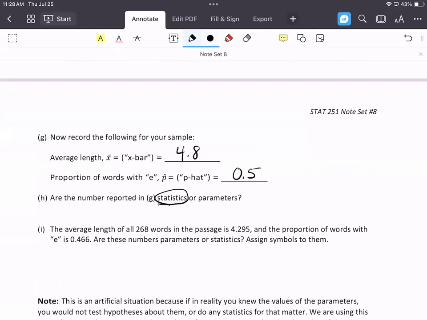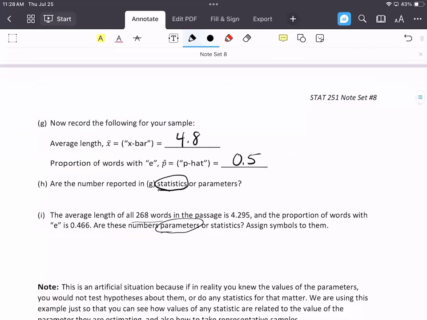Are these numbers parameters or statistics? Assign symbols to them. Well, these are based on the entire passage, all the words, so they're parameters because they're based on the population. We want to make sure we use the appropriate symbols for a population mean versus the population proportion.